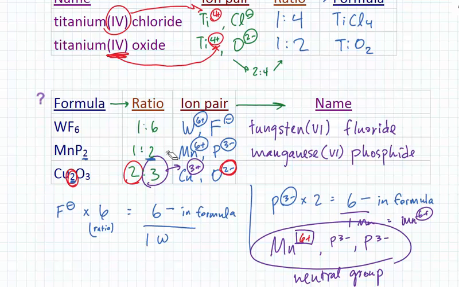That happens about half the time. In cases where the ratio was the same, it did not get reduced, then those numbers just got switched around. So what's the name of this one? Going to be copper III oxide.